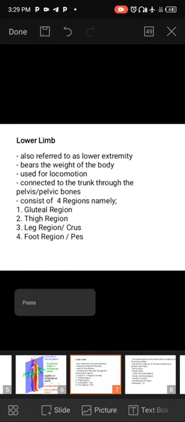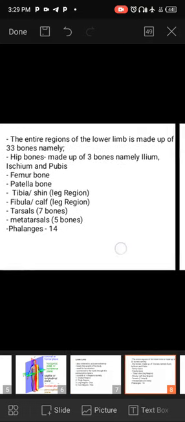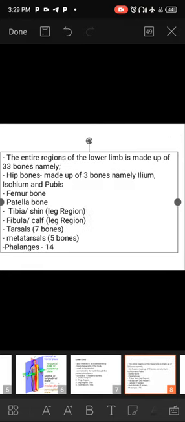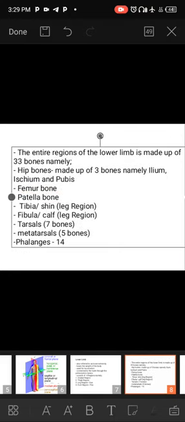Alright, so the next slide tells us about the fact that we have about 33 bones in the entire lower limb. 33 bones with the hip bones inclusive. So if you exclude the hip bones, you have 30 bones, but if you include the hip bones, you have what? You have 33 bones.